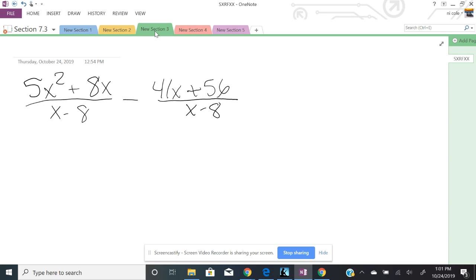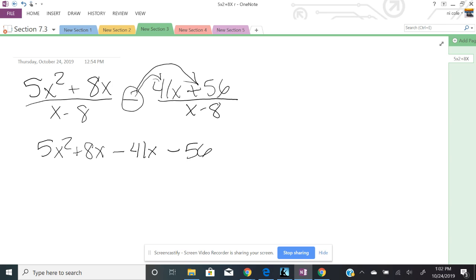All right, moving on. Let's check this one out. So I'm going to do the math. 5x squared plus 8x minus 41x minus 56. So don't forget that this goes not only to this one, but to this one, all over x minus 8.